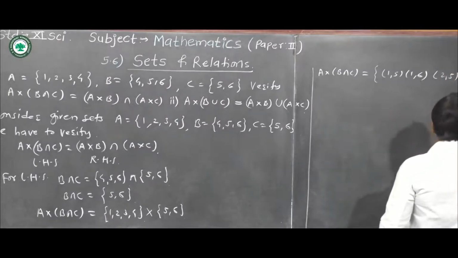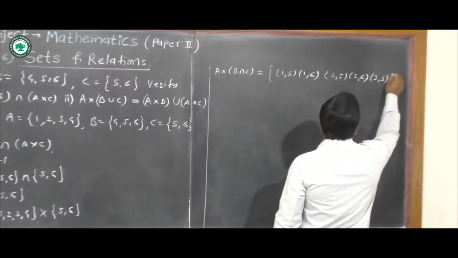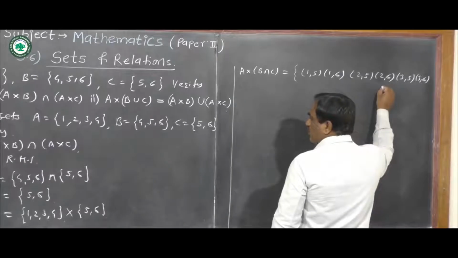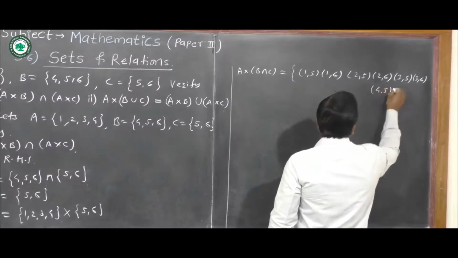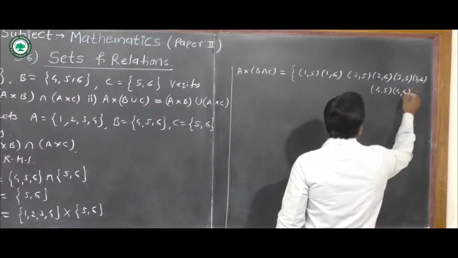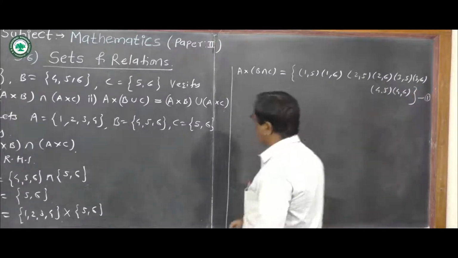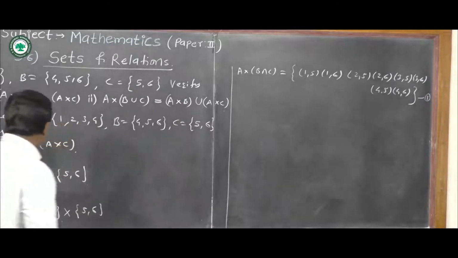Now 3 5, 3 6, and last 4 5, 4 6. See this as equation number first.